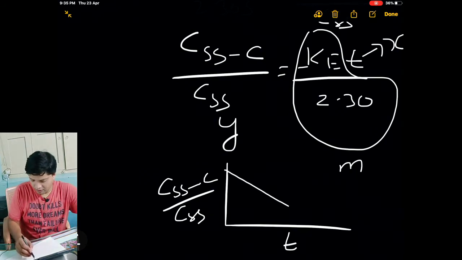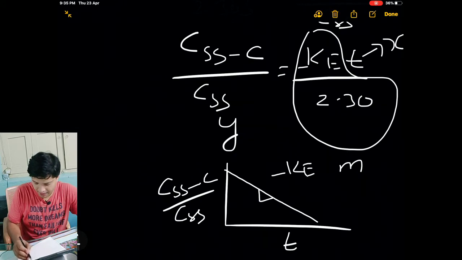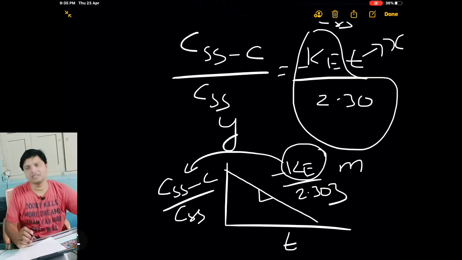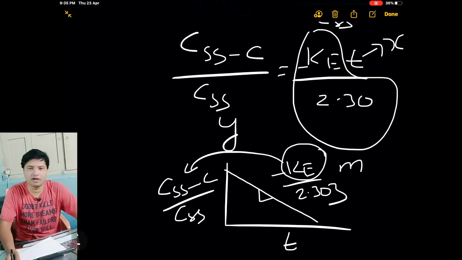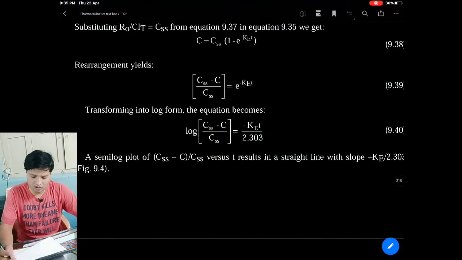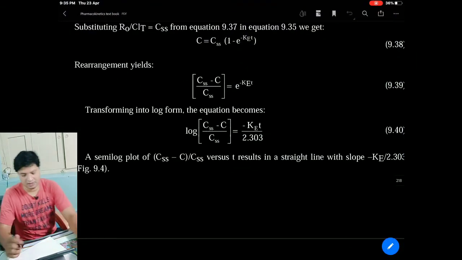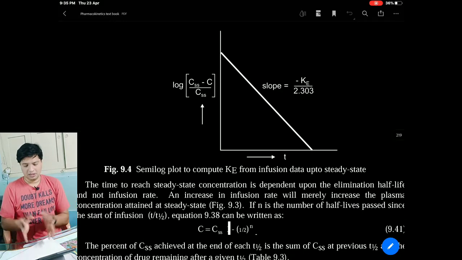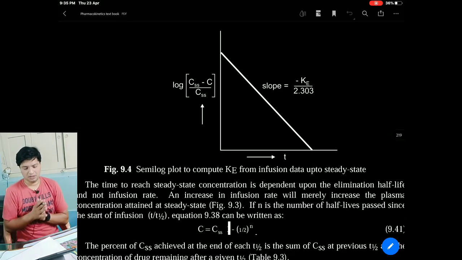You get a negative straight line, and the slope will be minus Ke by 2.303. So again you can calculate Ke from the steady state concentration. That's what we are doing here: how to achieve the steady state concentration and how to calculate this. This is what the graph looks like.